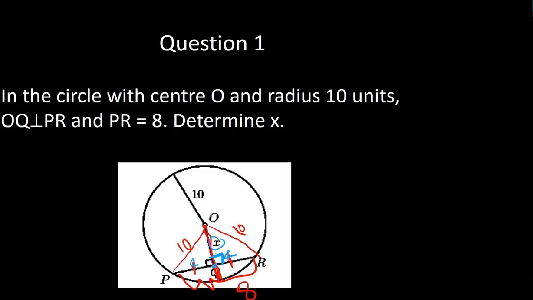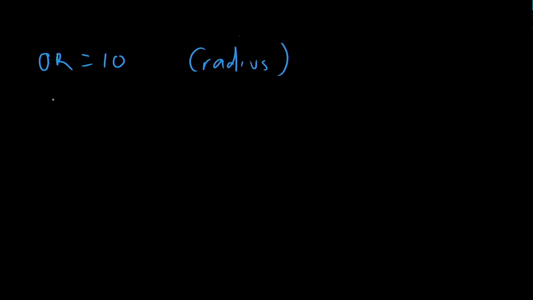Okay, so what do we say? Remember, we've got to first say that OR is equal to 10, and the reason for that is that it's the radius. We also know that QR is equal to 4. How do we know that? It's the line from center theorem.